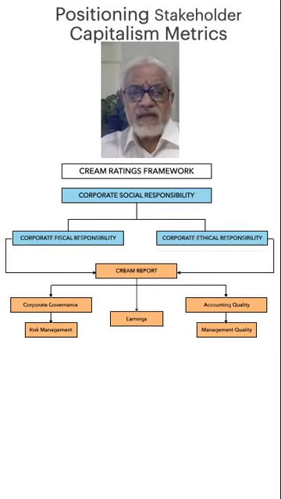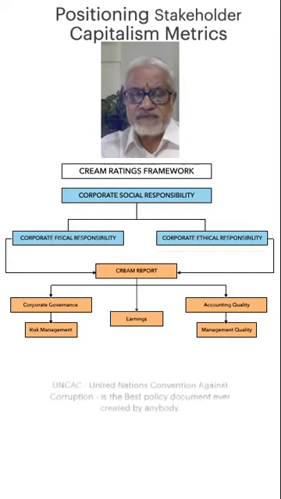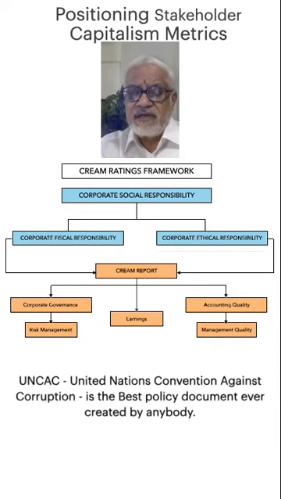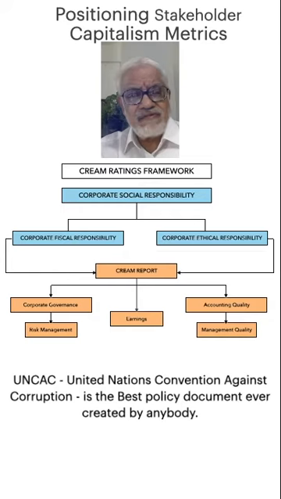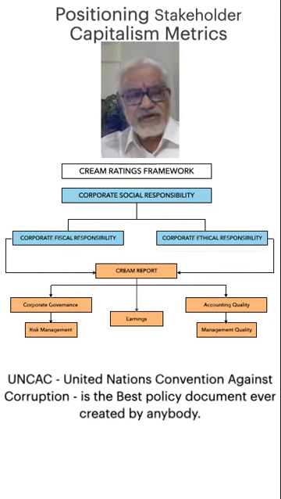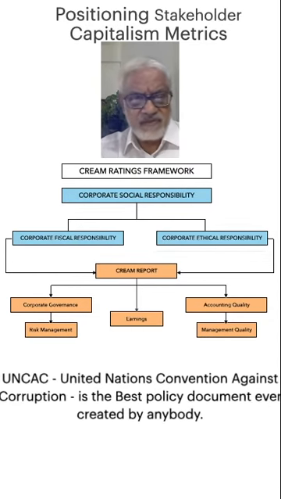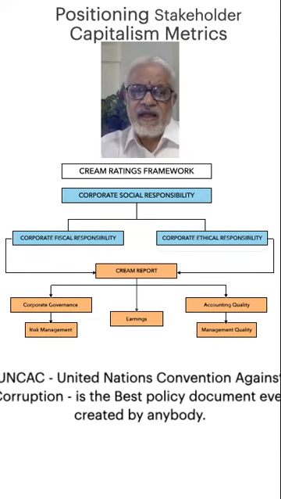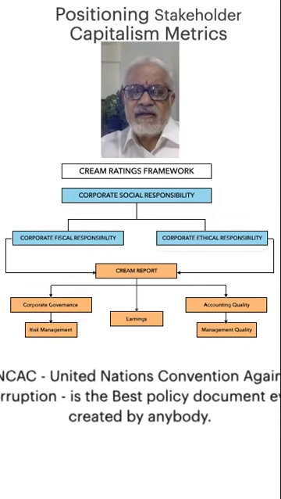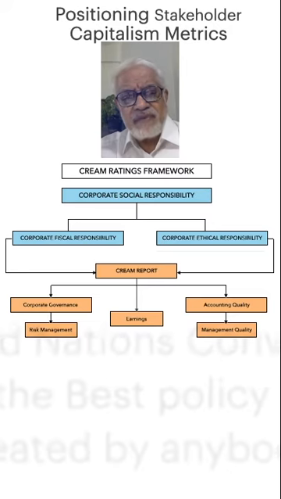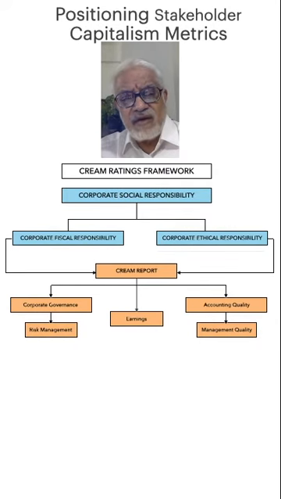In that sequence of various policy documents absorbed by a company, one of them is UNCAC, United Nations Convention Against Corruption. Why I mention that is, number one, it is one of the best, or the best, policy documents ever created by anybody. When a company adopts it, is it mandatory or non-mandatory?